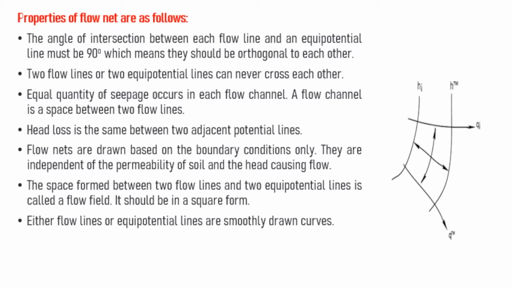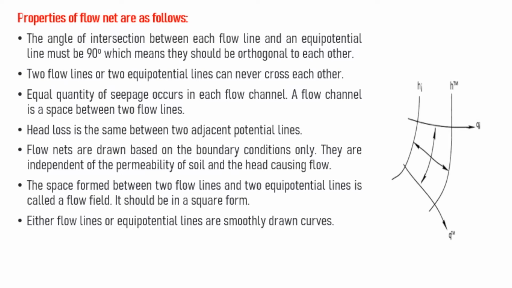If you see this particular figure, you find that the flow lines are having some space in between, and the equipotential lines are also having some space in between, so they do not intersect each other.